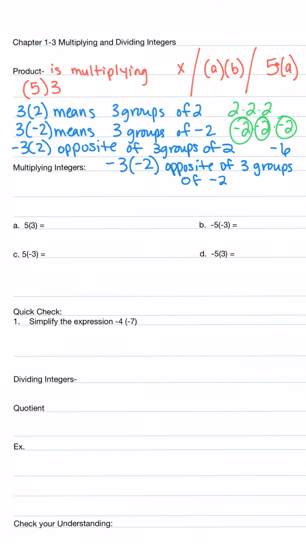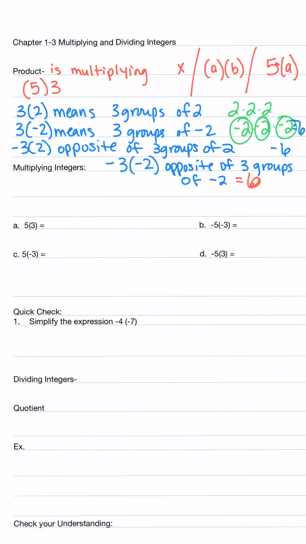Up here we decided that 3 groups of negative 2 equaled negative 6. And so if we know that's negative 6, the opposite of negative 6 is going to be a positive 6. That didn't work so well.